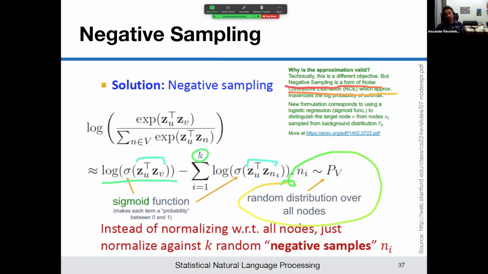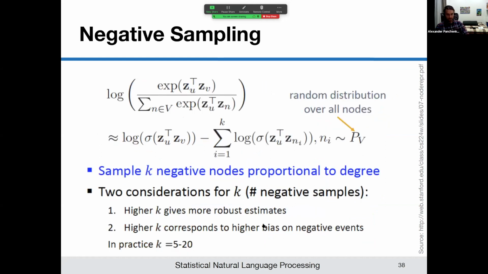And this means that you replace this v by small k, where k is much less than v, which is why it's so much more interesting to do than directly compute this sum. The usual number for k is going to be 5 to 20, which is maybe also similar to what you obtain in Word2Vec.